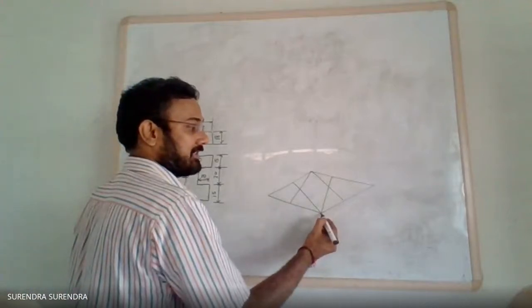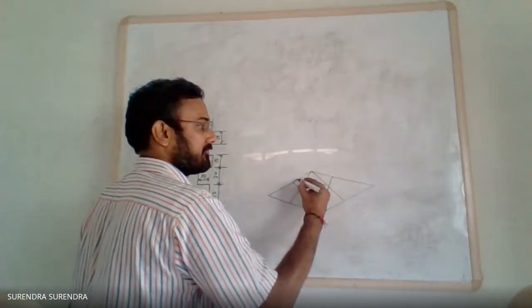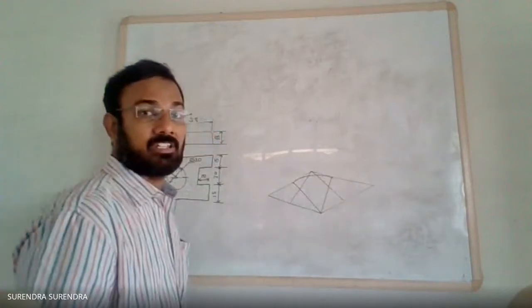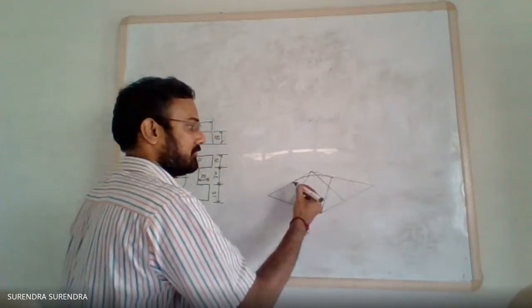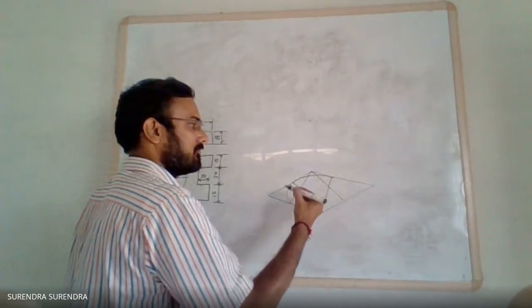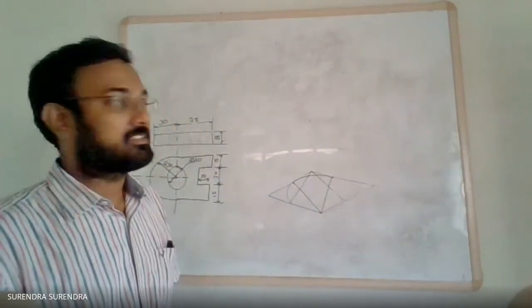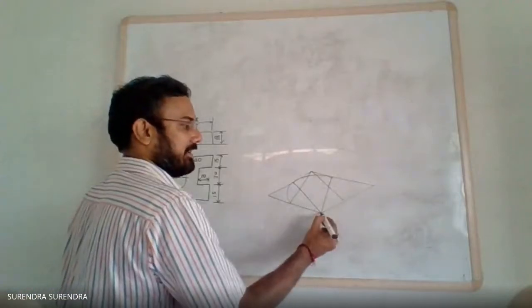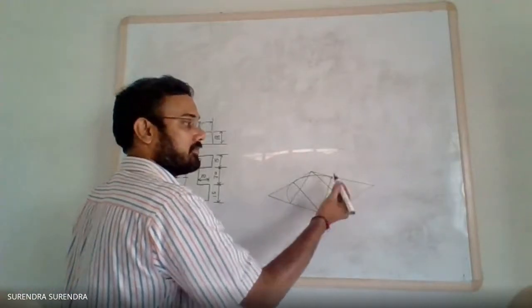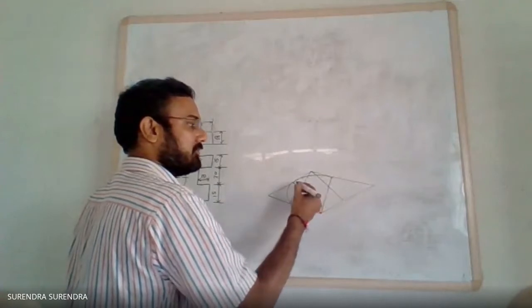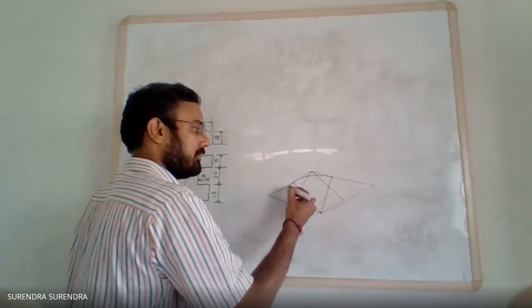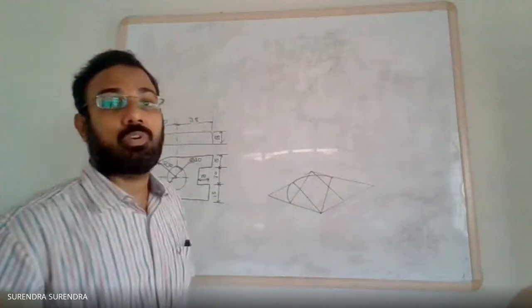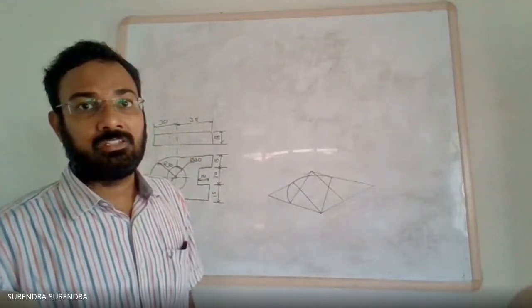With center 1, draw the arc. With center 2, draw one more arc. Only these two are sufficient.